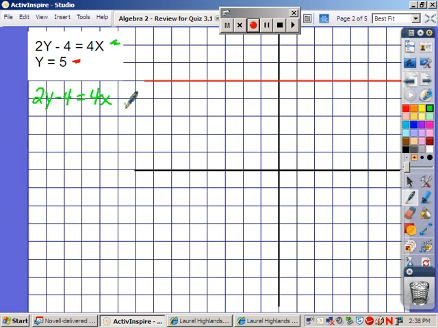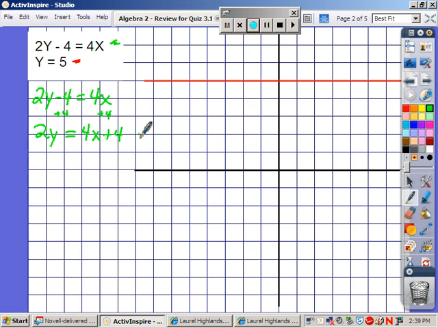The first thing I do here is get rid of the minus 4, add 4 to both sides. That takes care of just having a 2y there now. Here, 4x and 4 are not like terms, so you can't really just add them. The best you can do is write 4x plus 4.